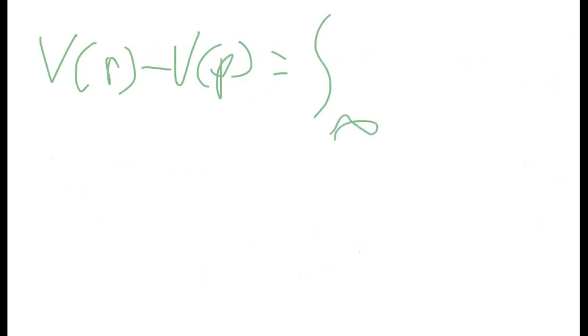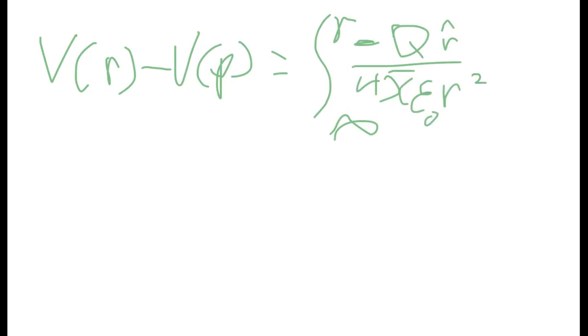V at R minus V at P is equal to the integral from infinity to P, to R of Q R hat, or I should say negative Q, because remember we have to take the negative of E, over 4 pi epsilon naught R squared ds, change in position.